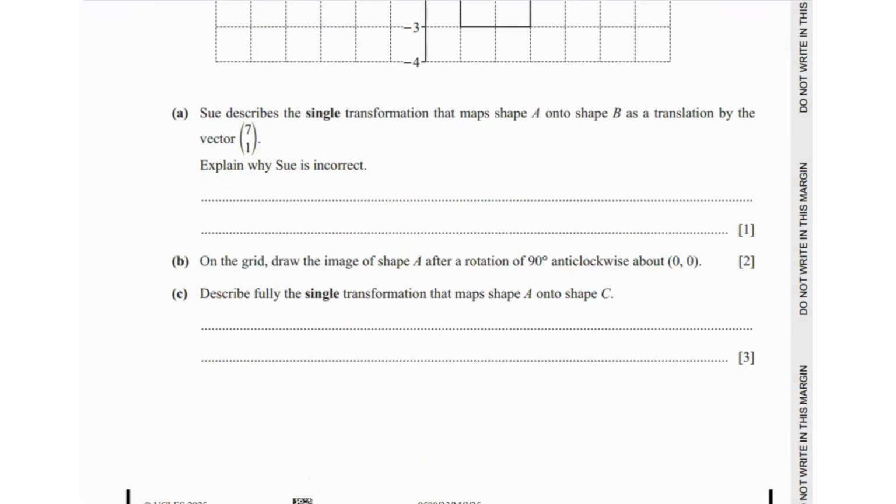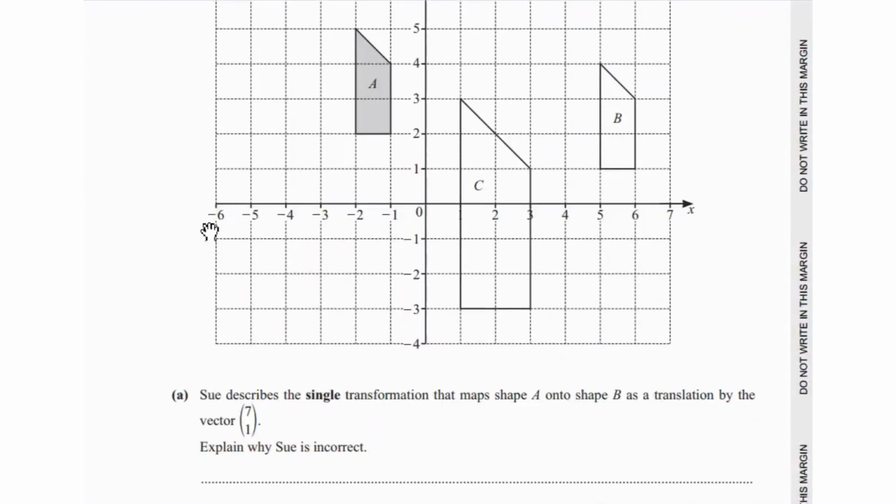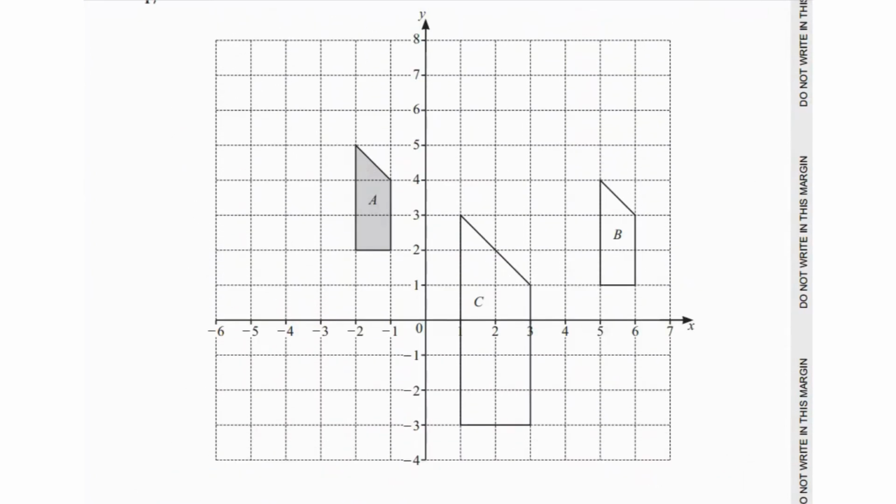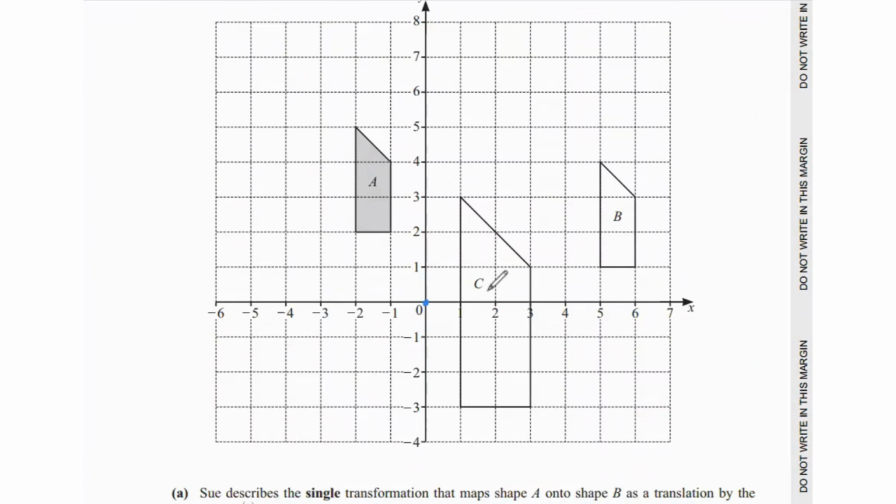Then it says on the grid, draw the image of shape A after rotation of 90 degrees anti-clockwise about 0, 0. So to show the 90 degrees anti-clockwise rotation at the point 0, 0, this is the center of rotation. 90 degrees anti-clockwise is going to be in this direction. That's anti-clockwise.